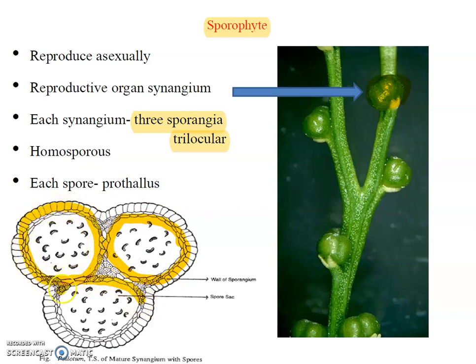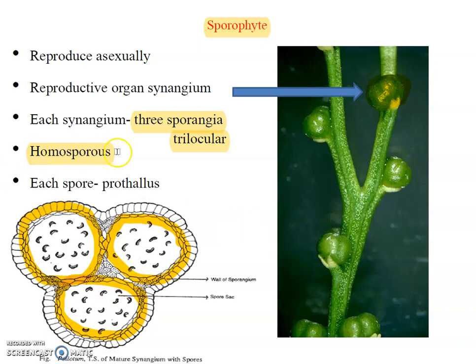In these sporangia, spores are developed. The spores are homosporous. Homosporous means all spores are the same, not megaspores and small spores. The spores are similar in size.